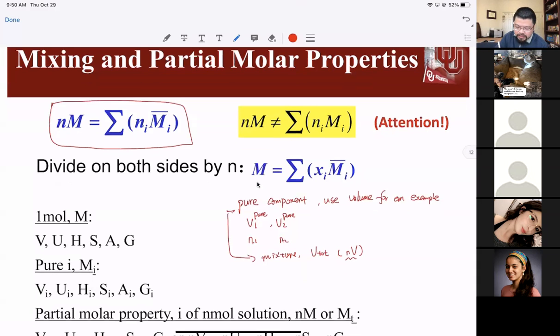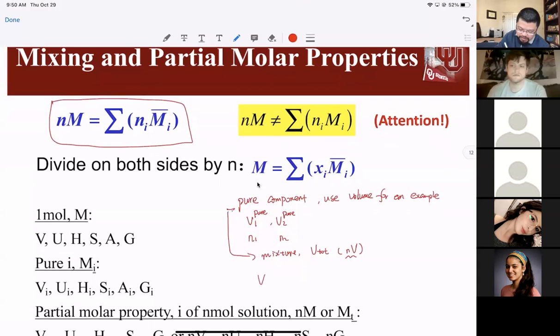And now in order to calculate this V total, we cannot directly use the pure volume for 2 components, but I have to use N1 V1 partial plus N2 V2 partial.